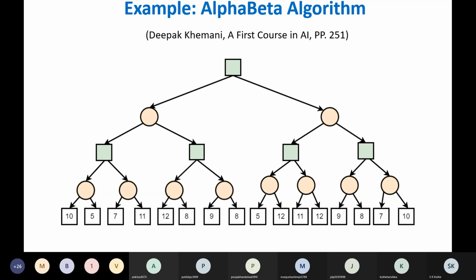So at max you select all, both these. At min you select 1. Leftmost, suppose we have selected. At max you select all. At min you select 1. Leftmost, suppose we have selected.